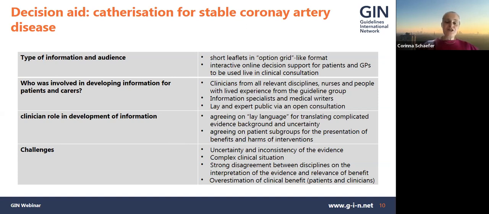And what was even more challenging, and another very important role for the clinicians, was that we had to agree on subgroups of patients for whom the presentation of benefits and harms of the intervention would differ significantly.